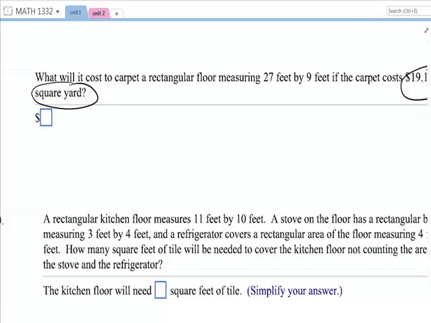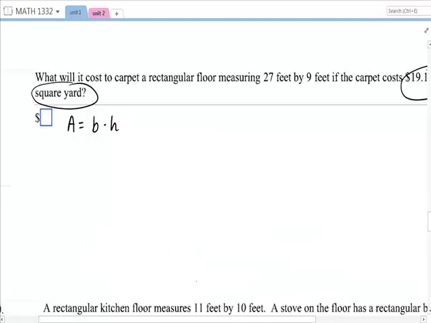Okay, if you look at my class notes, that's how you'll see I did it. Okay, the area is base times height, which is 27 feet by 9 feet, which is 243, but please notice that is square feet.